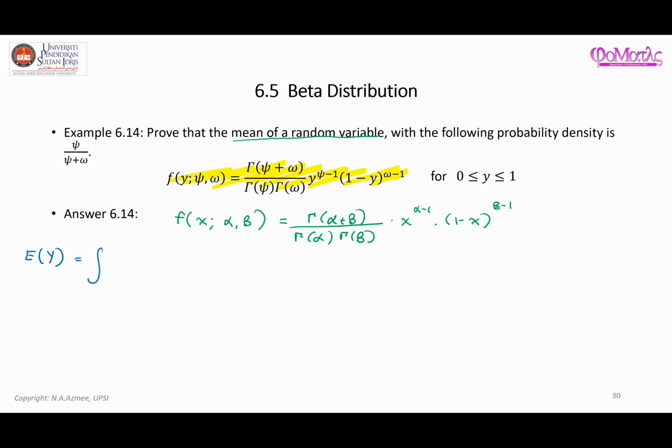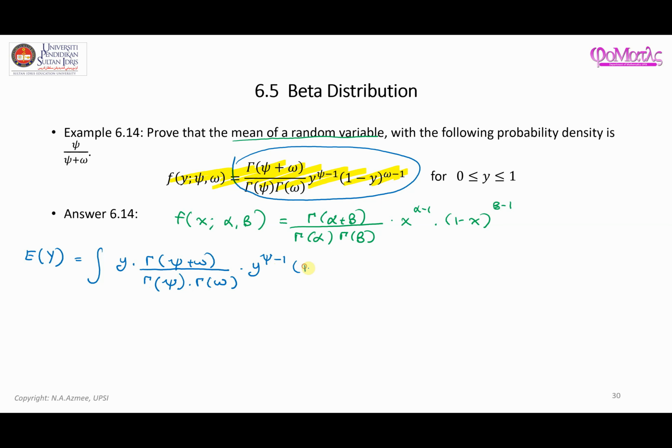In this case, you're going to integrate y times f of y. So we're just going to write the probability density function: gamma of psi plus omega over gamma psi gamma omega, y to the psi minus 1, 1 minus y to the omega minus 1, dy from 0 until 1. Let me just box it up.